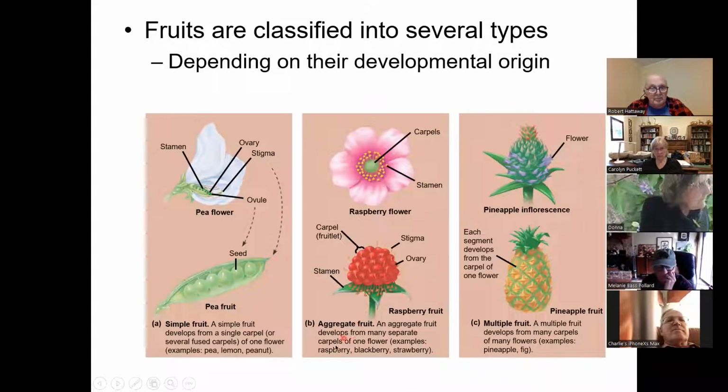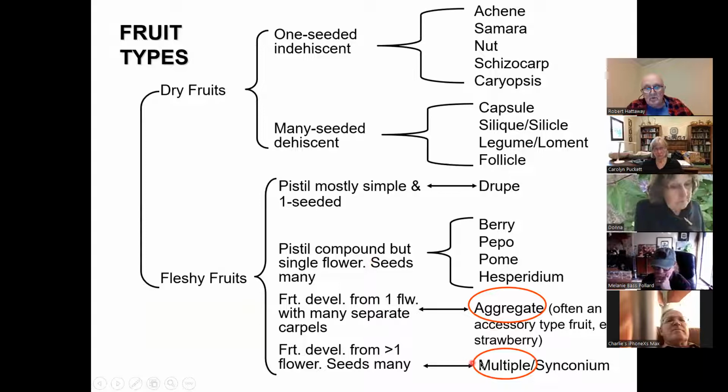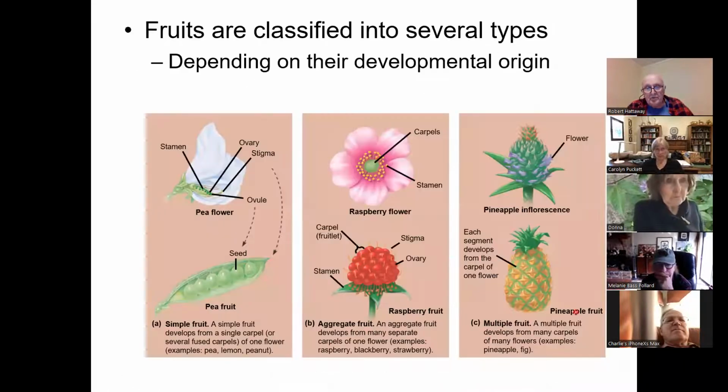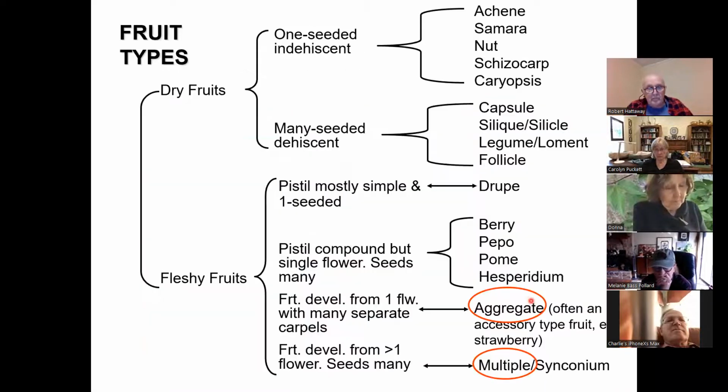Raspberry and strawberry are similar. You have a bunch of drupes all on one receptacle. Now, the thing that looks like them sometimes is a multiple fruit. This multiple fruit, using pineapple as an example, is easy to get. In the case of a multiple fruit, the fruit comes from greater than 1 flower. So the total fruit is a combination of several flowers.